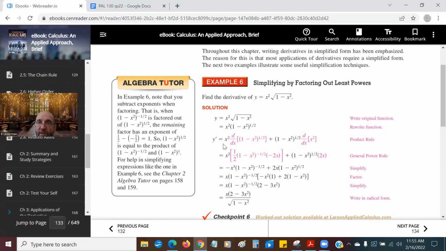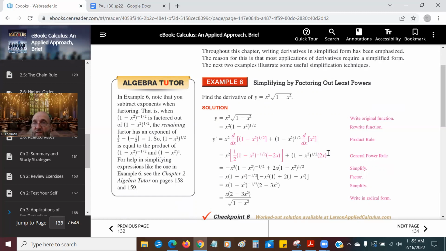y prime is going to be, now here I'm going to need the product rule. So it's the first function times the derivative of the second plus the second function times the derivative of the first. Now the derivative of the second function is going to be 1/2 times 1 minus x squared to the negative 1/2 times negative 2. The derivative of the first function here is just 2x.